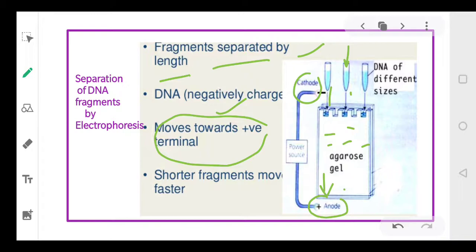So, on the lower side, you will find very, very short fragments, and on the upper side, the bigger fragments, and on the top, the longest fragments. So, the third step is separation of DNA fragments by electrophoresis. With this technique, we arrange the fragments serially, from smaller to larger, on the agarose gel bed. This technique is called electrophoresis, right?